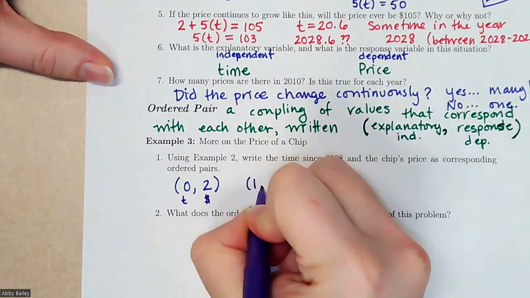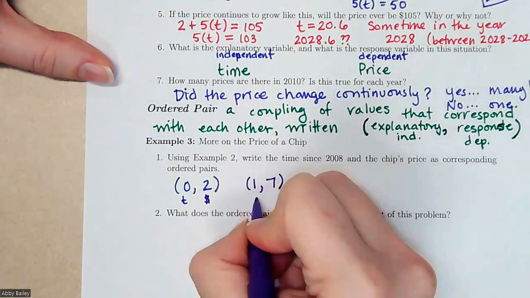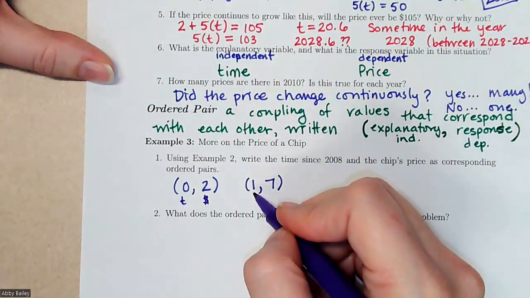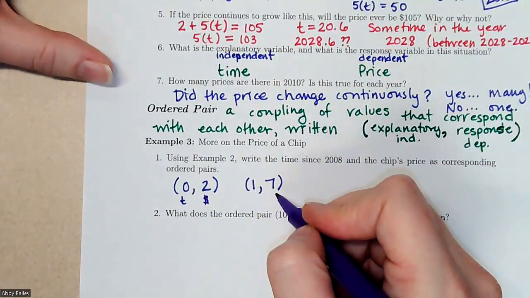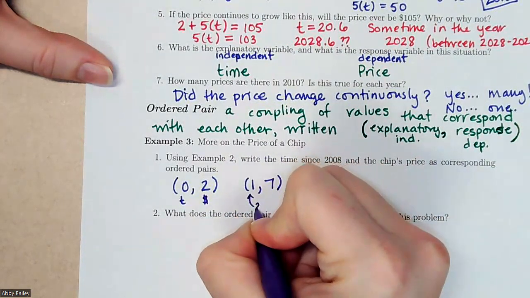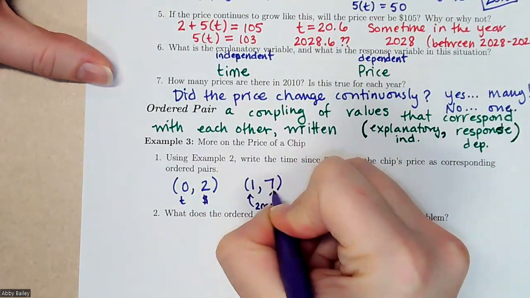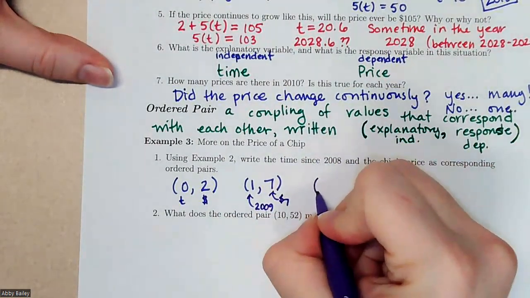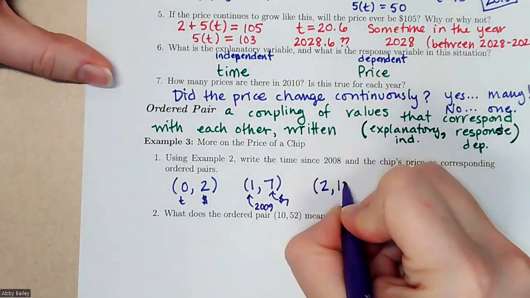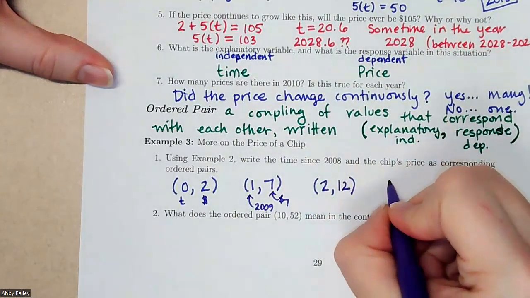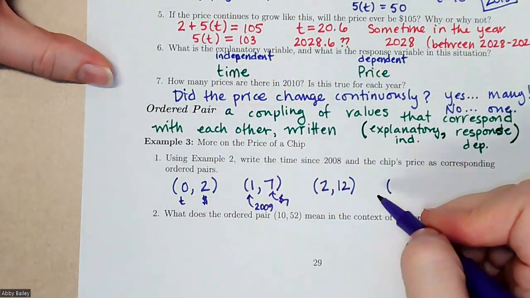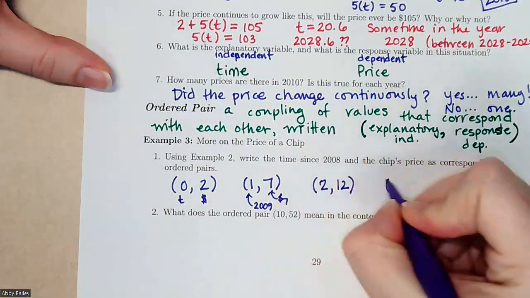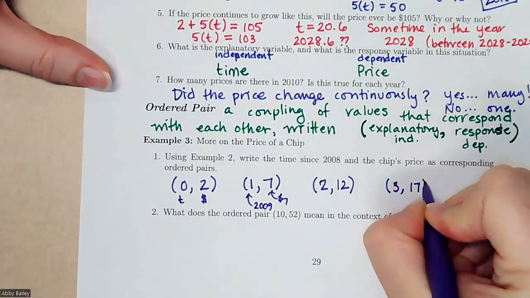But then 1 year later, the price was 7. So 1 year after 2008, in 2009, the price was $7. 2 years after, it was $12. Another pair that correspond to each other is 3 years later, it was $17.